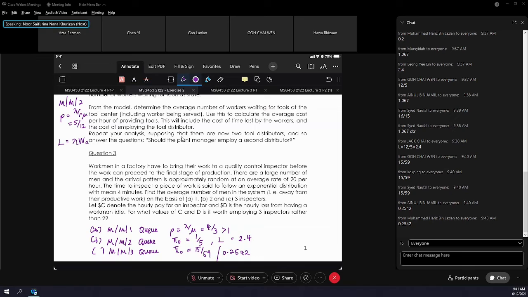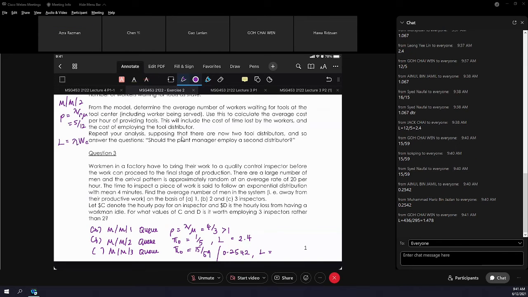So what about your L? Good job on pi note. For part C, what about your L, the average number in the system, your L or your LC? Okay, so 436/295, or 1.478. That's the answer shared by Chai Wen.